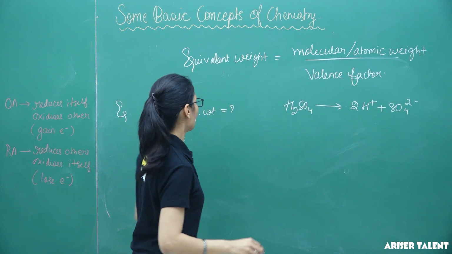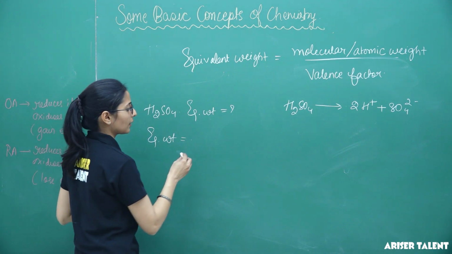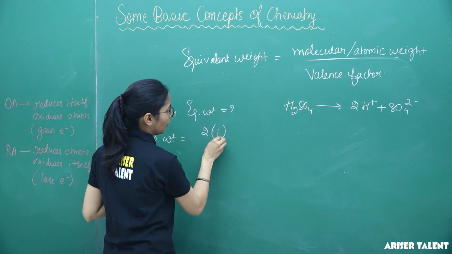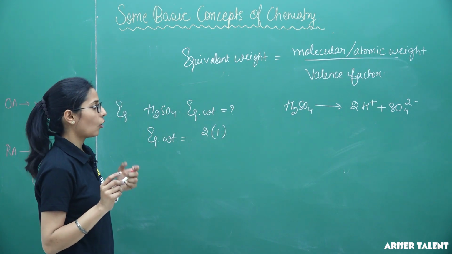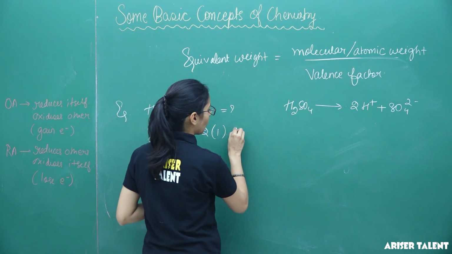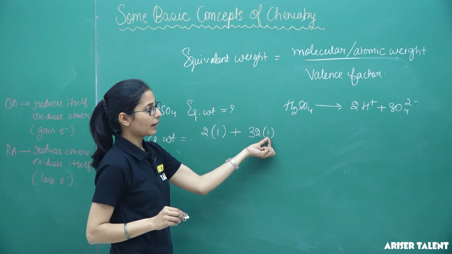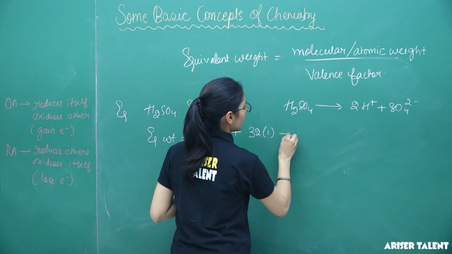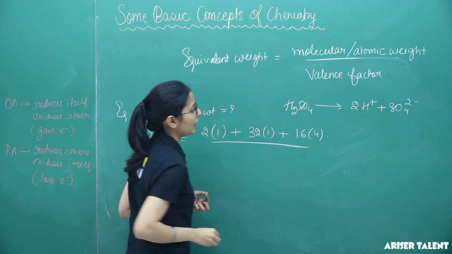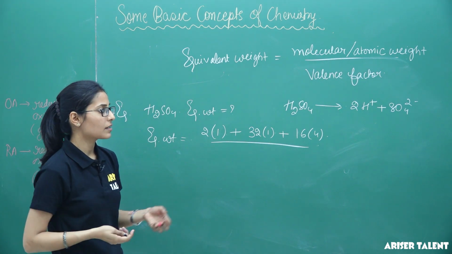Now, what we have to write is the molecular weight of the H2SO4. We know how to calculate the molecular weight. Here we have 2 hydrogens, and the weight of one mole of hydrogen atoms is 1, so this will be 2 into 1, plus 1 sulfur. The weight for sulfur is 32, and since we have 1 atom of sulfur, I am writing 1, plus oxygen is 16 into 4, divided by the number of electrons actually participating in this reaction.